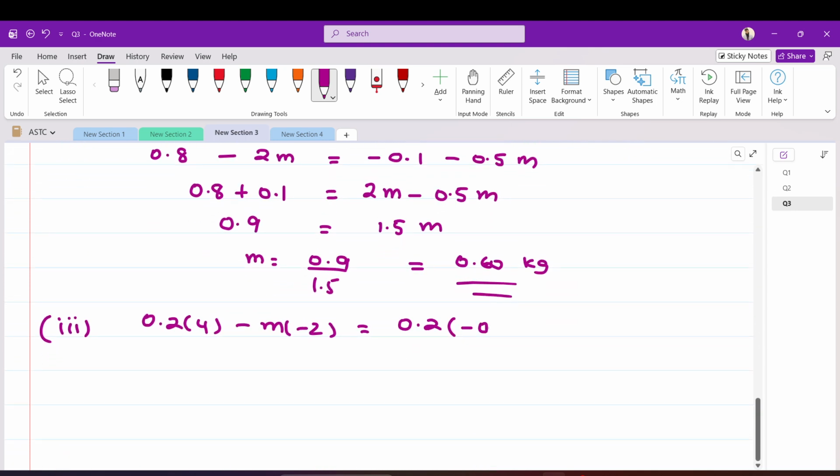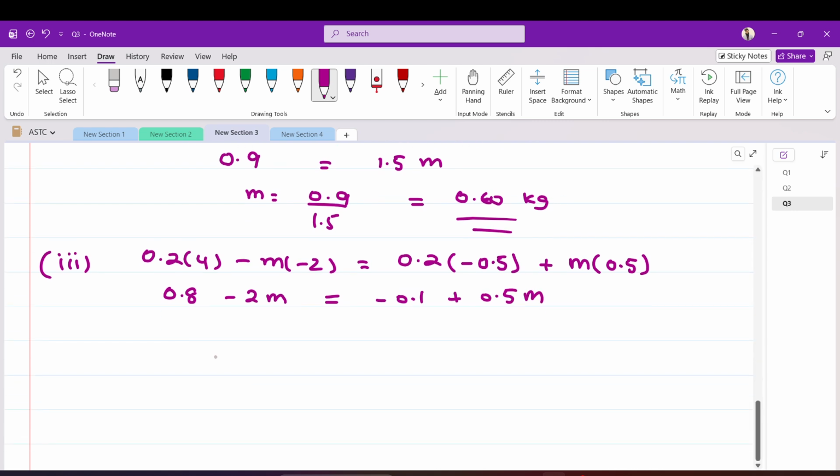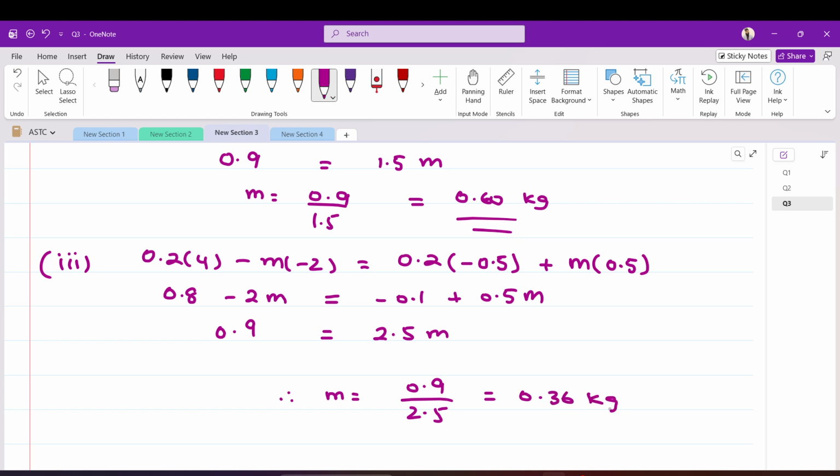So this will be minus 0.5 plus m times 0.5. 0.8 minus 2m is equal to minus 0.1 plus 0.5m. Then again this goes to the left hand side, so we have 0.9. This goes to the right hand side, so we have 2.5m. Therefore m is equal to 0.9 divided by 2.5. So that will be 0.36 kg.